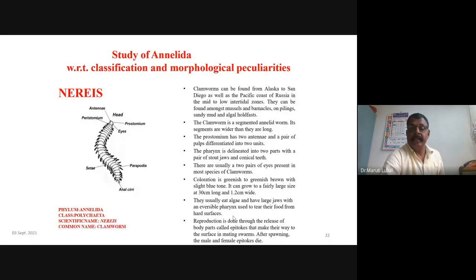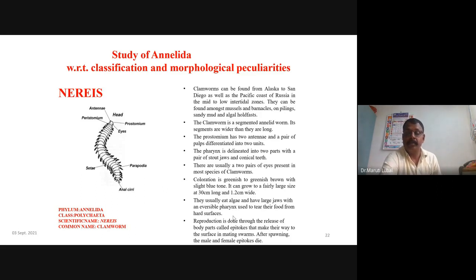There are usually two pairs of eyes present in most species of clam worms. The color is greenish to greenish brown with a slight blue tone.